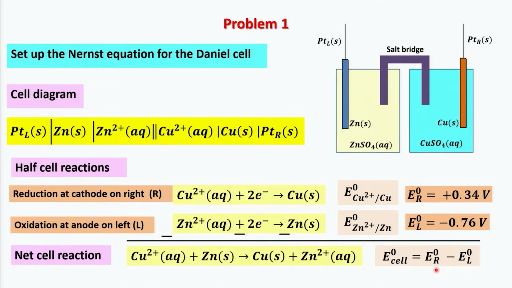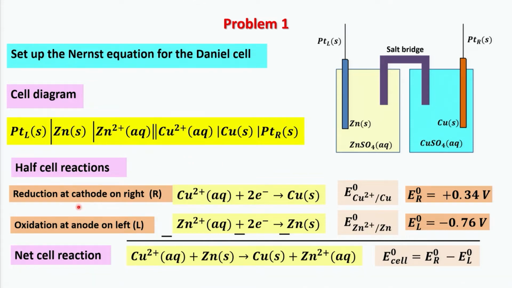So, this is the very first step in setting up the Nernst equation for any cell. So, you have to have the cell diagram which is appropriate for the given cell. Then you will have to write down the half cell reactions in the form of reduction, so that you do not have to change the sign of the E naught values.